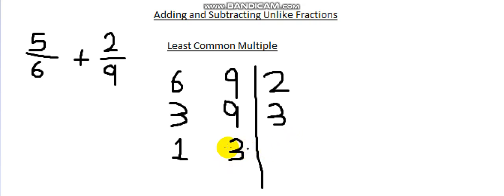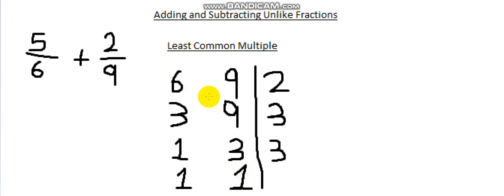I try again. Can I divide any of these numbers with 3? Yes, I can. I can divide 3 by 3. 1 divided by 3, I can't do that. That's impossible for now. 3 divided by 3 is 1.